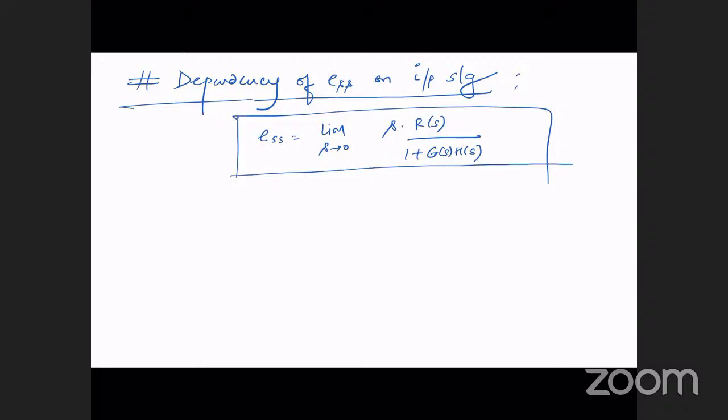Yes or no? ESS depends on input, and also on G of S, H of S. And this H of S is what we called a feedback element. I hope you remember that.